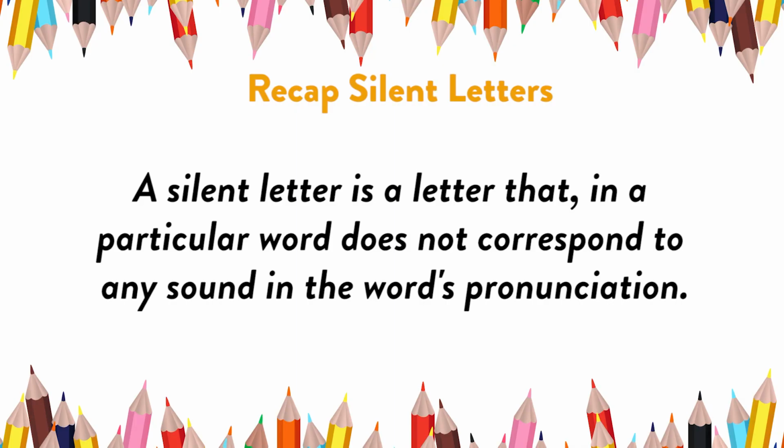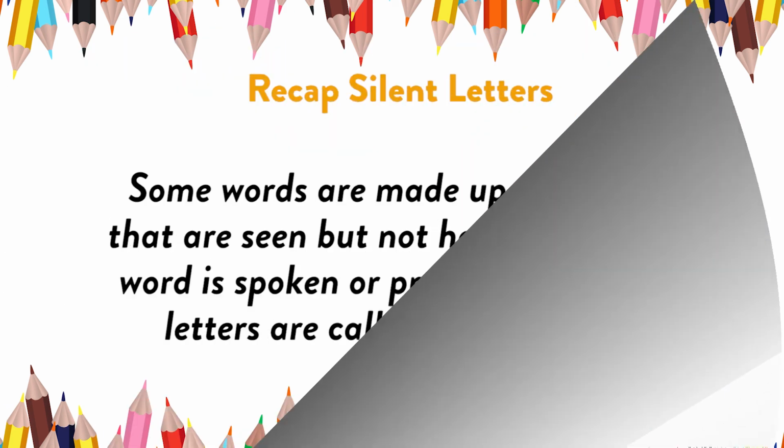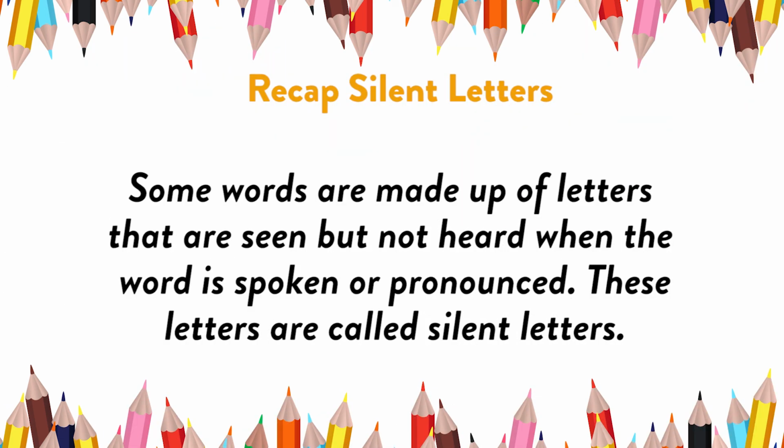So there we have it, boys and girls. I hope that you now understand silent letters. Now let's recap what we learned today. A silent letter is a letter that in a particular word does not correspond to any sound you hear in the word's pronunciation. Some words are made up of letters that are seen but not heard when the word is spoken or pronounced.